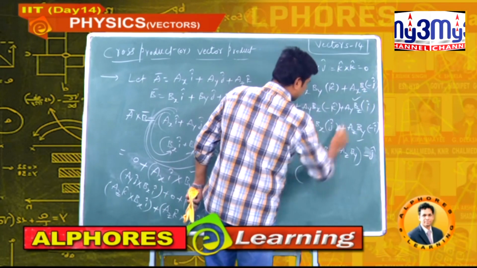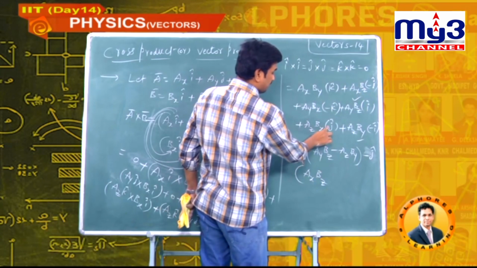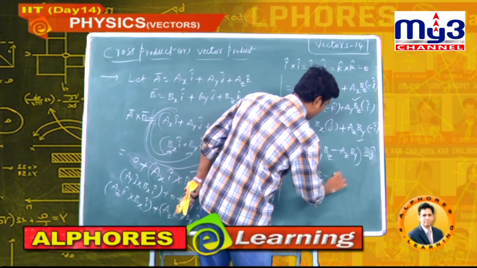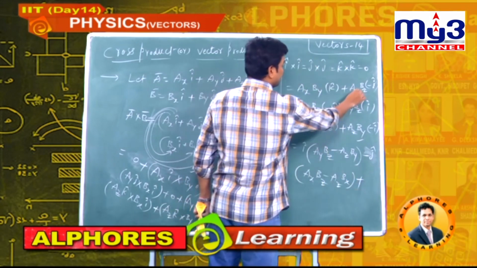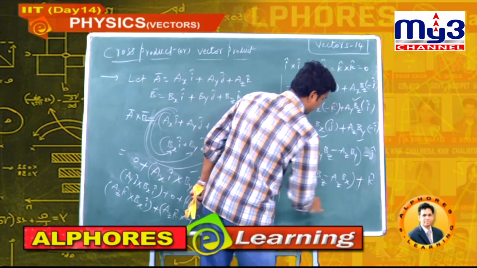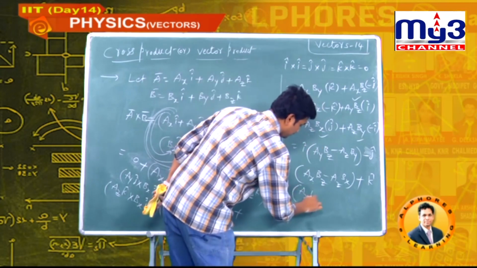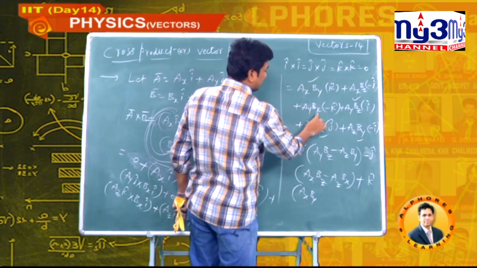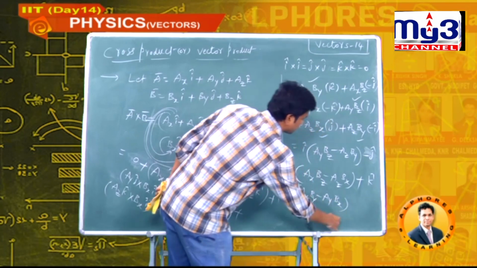Here AX BZ, minus AZ BX. So j cap is also over. Plus k cap common: AX BY, minus AY BX.